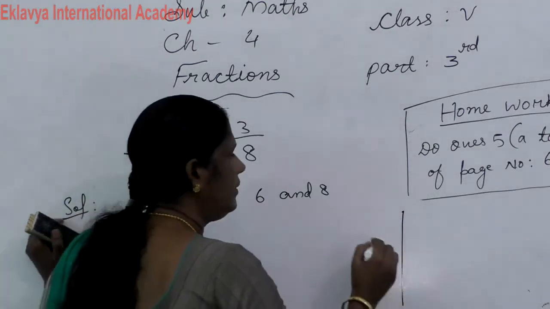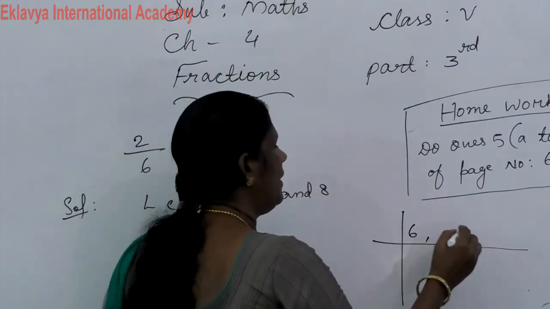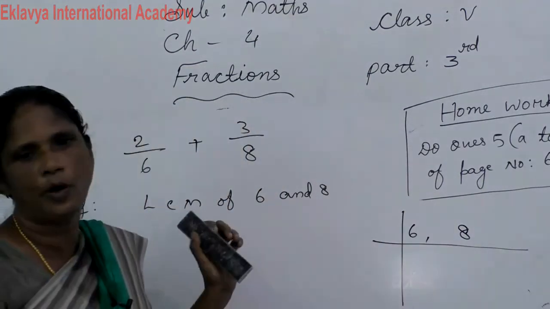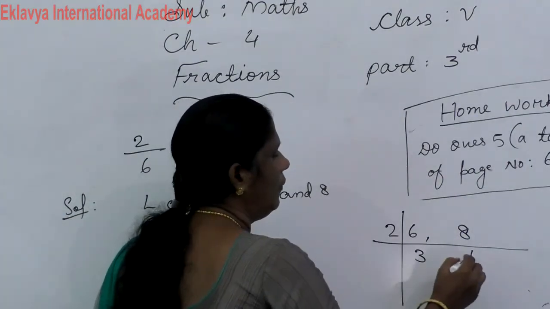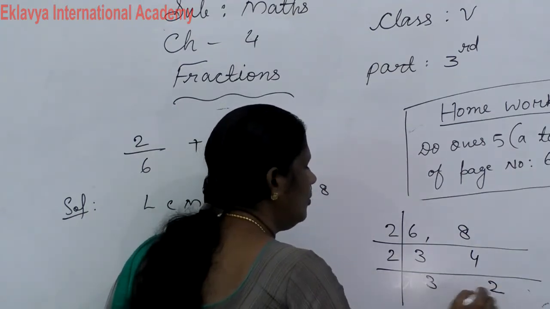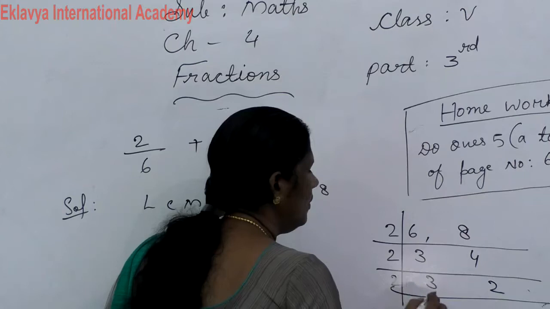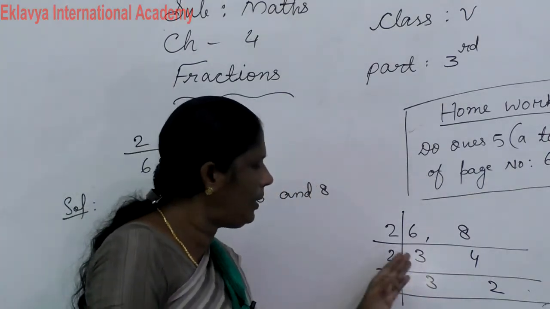Write it on the side of the notebook. 6 and 8. Which table goes? First prime number 2. 3, 4. Again 2, 3, 2. Again 2 is coming. The table of 2 comes in 3?